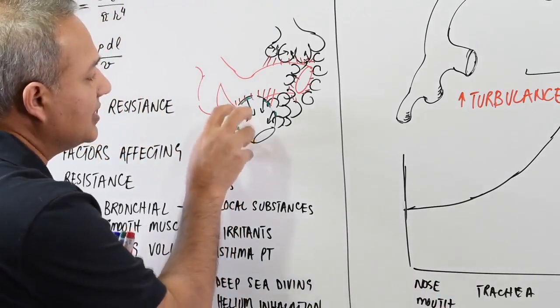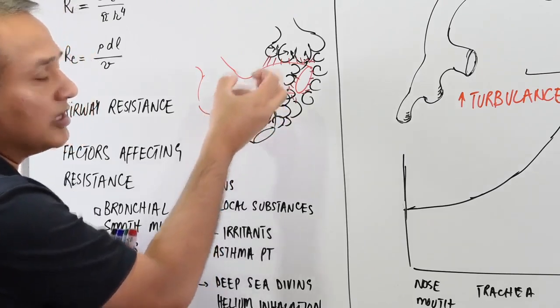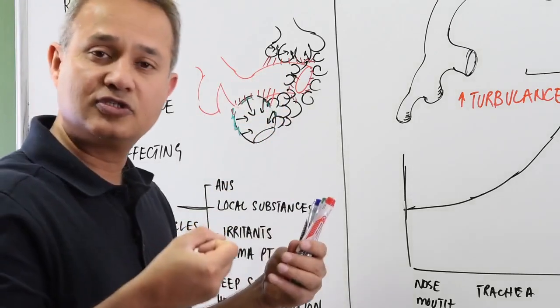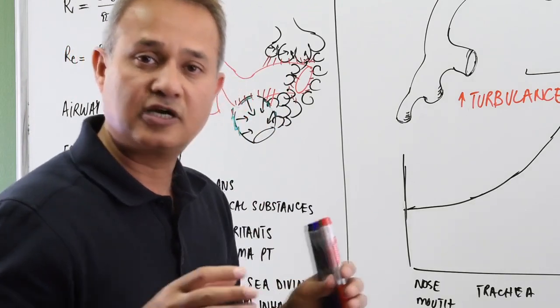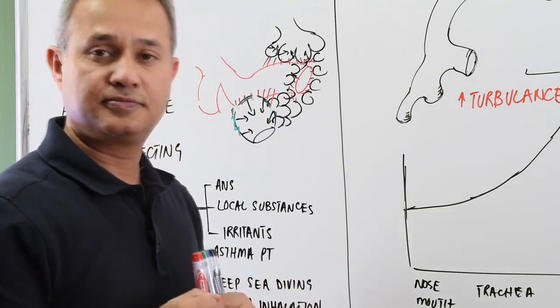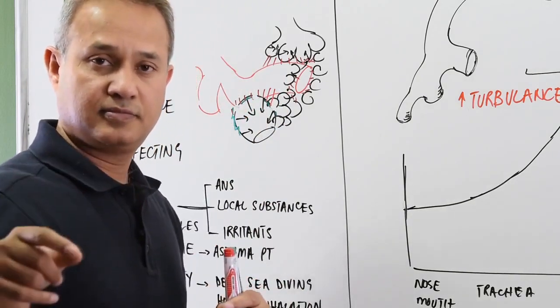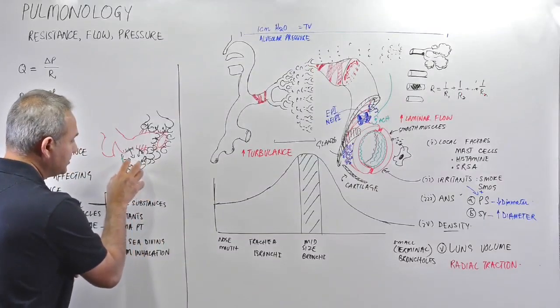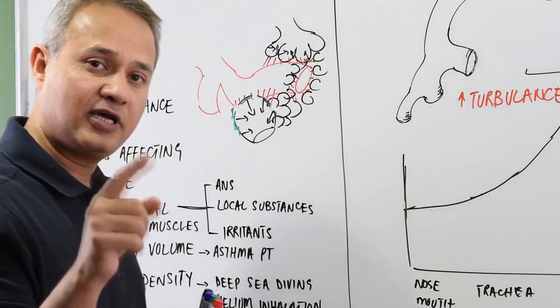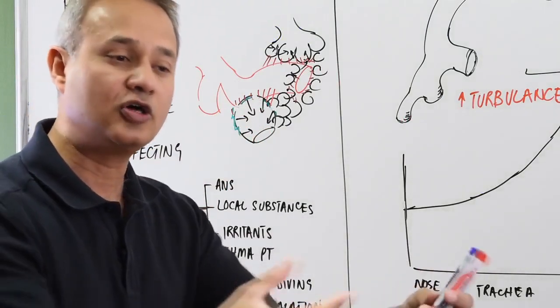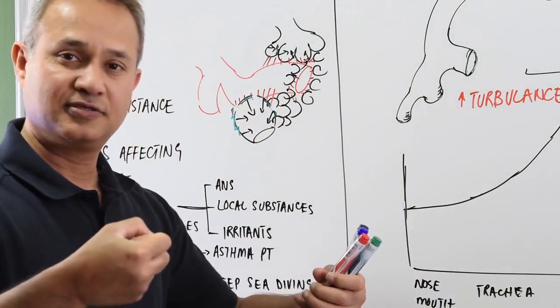Now these alveoli will not pull the airways open with enough force, and the airways start collapsing because the alveoli are damaged and not causing radial traction.